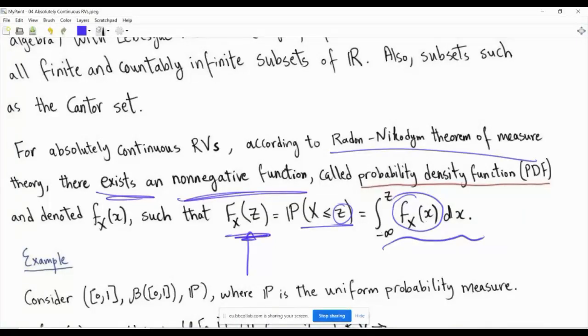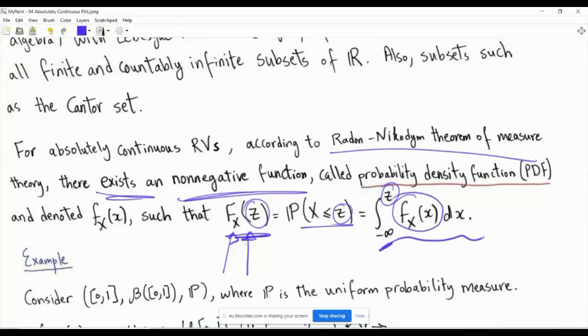And this function is not a probability. It's called the probability density function, but it should be non-negative. The integral of this function from -infinity to z will give you the value of the CDF of the random variable evaluated at z.